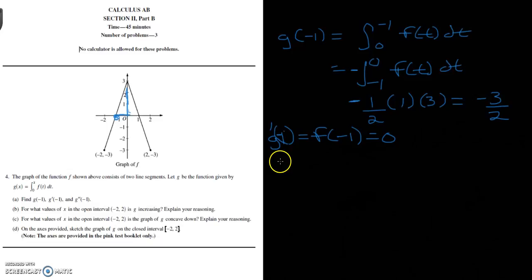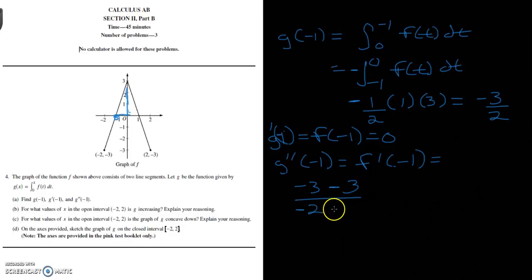The next part asks, what's g double prime of -1, which is equal to f prime of -1, which is the slope. The way you find slope is y2 minus y1 over x2 minus x1. So you do -3 minus 3 over -2 minus 0. So now you get -6 over -2, which is equal to 3.